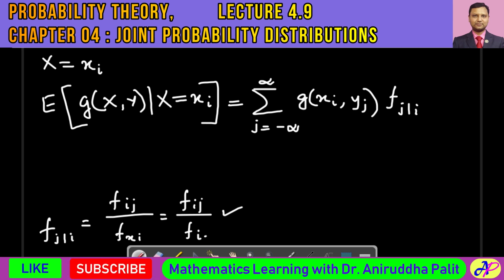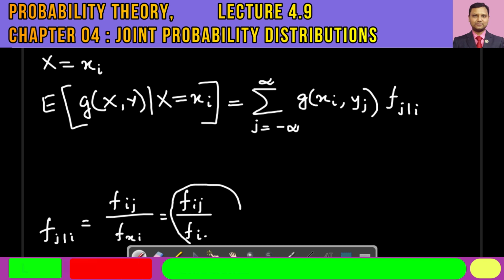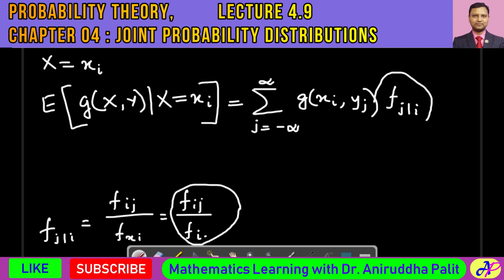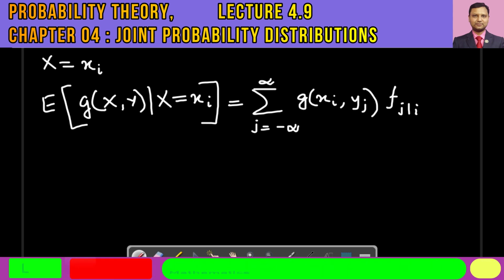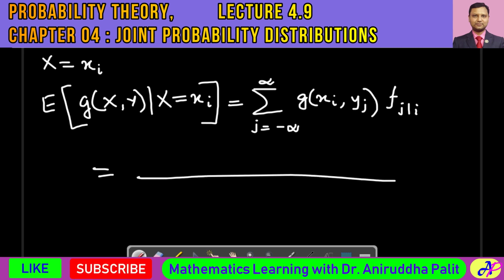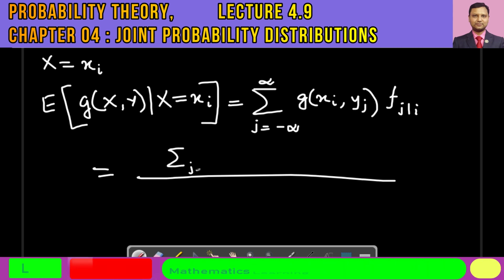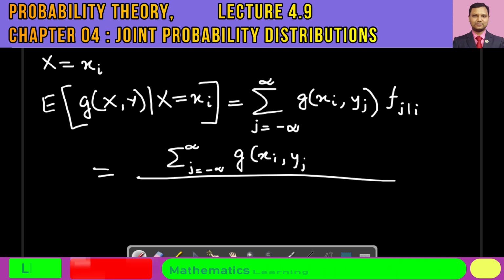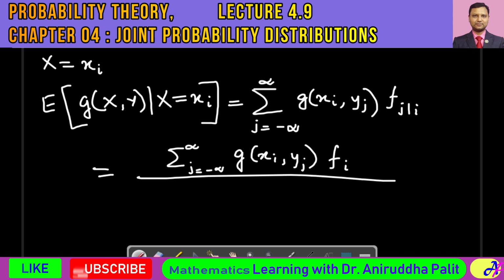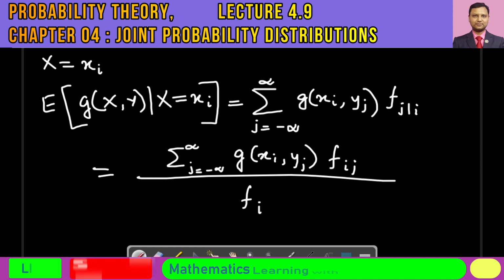So if we apply these results and put this expression in place of f(j|i), this expression can be written as the summation over j, where j is theoretically varying from minus infinity to infinity, of g(xi, yj) multiplied by fij divided by f(i dot).